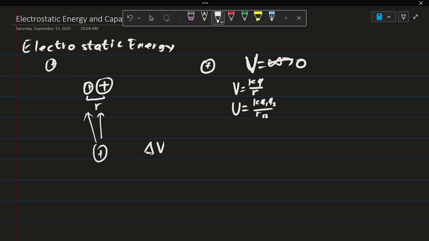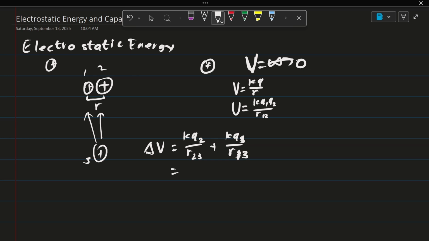So this change of voltage for the particle here will depend on the distance from particle 1 to particle 3 and then particle 2 to particle 3. So we'll have KQ2 over R2 plus KQ3 over R3. No, sorry, it's KQ1 over R, 1 to 3 and 2 to 3.